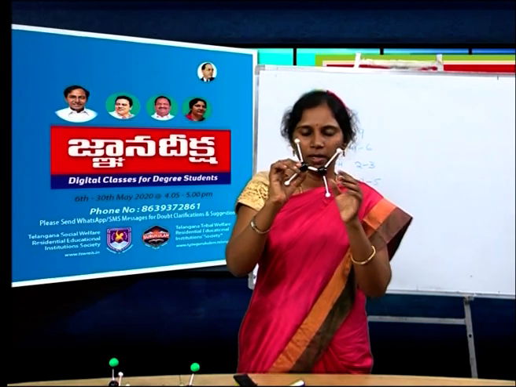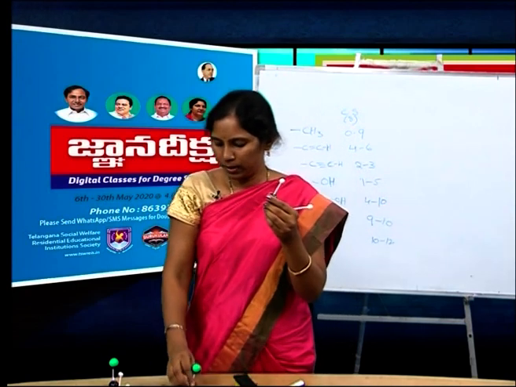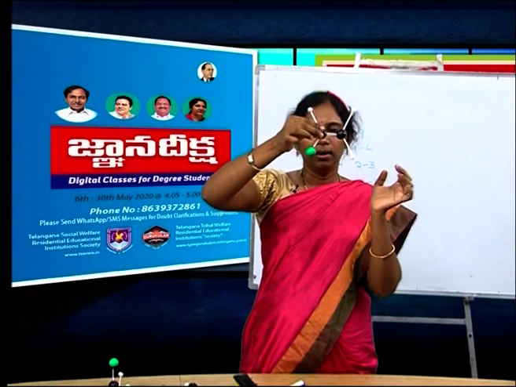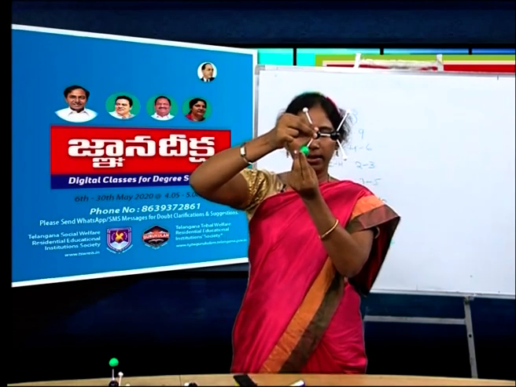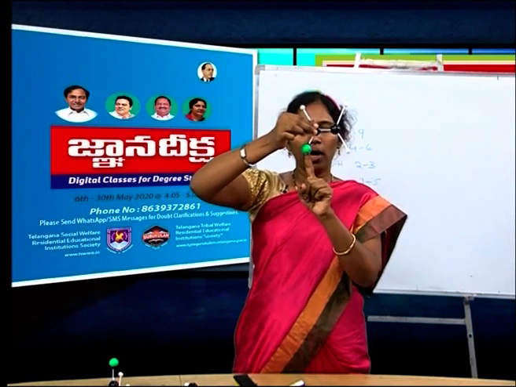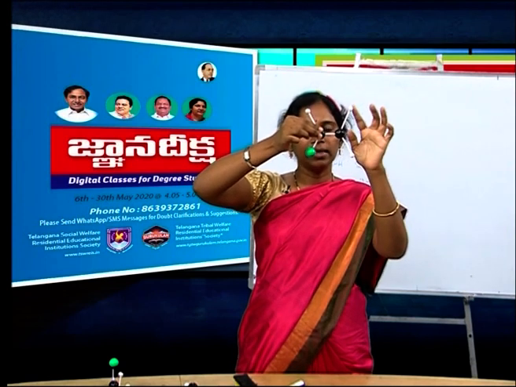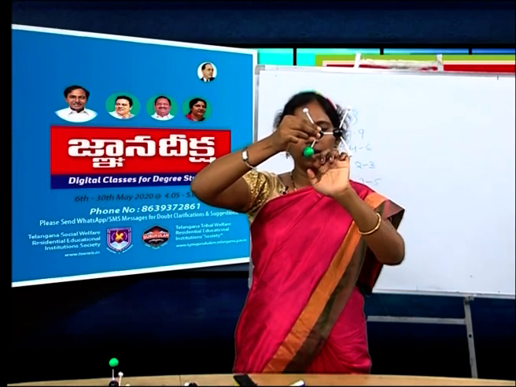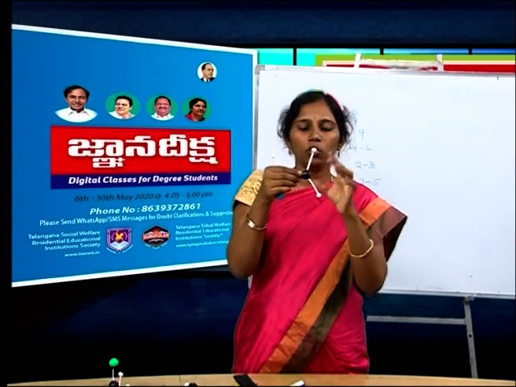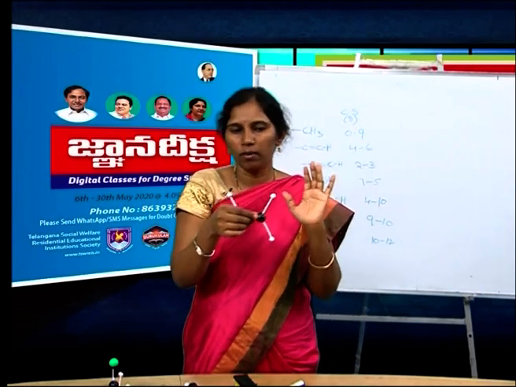If in this situation we remove one of the hydrogens and keep a chlorine atom, let us assume this green color ball is a chlorine atom. See here, this green ball is nearer to this hydrogen, which is said to be in the cis position, and this hydrogen is far away from the green ball, said to be in the trans position. That's why even though the 2 hydrogens are present on the same carbon atom, these 2 are not equivalent protons.